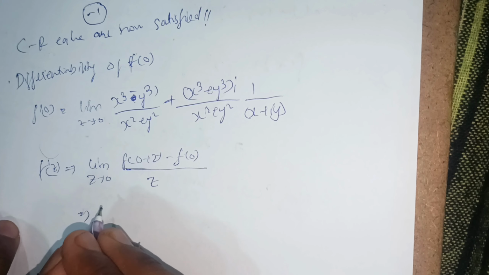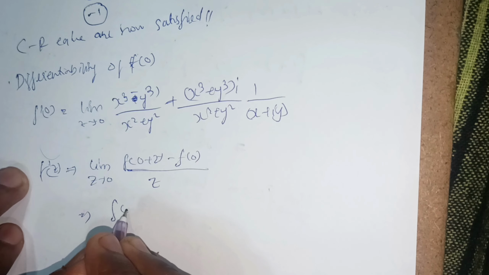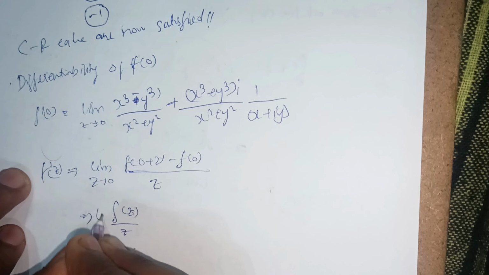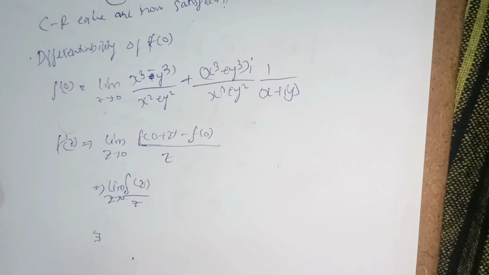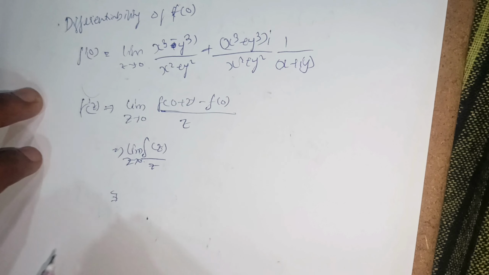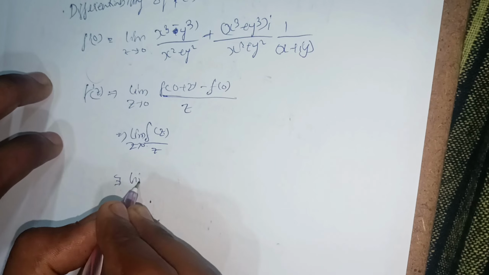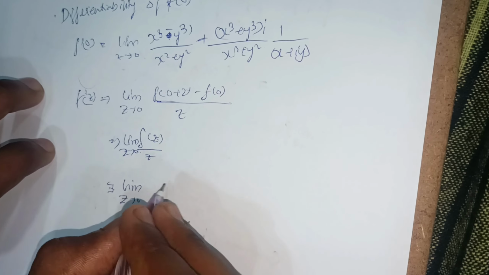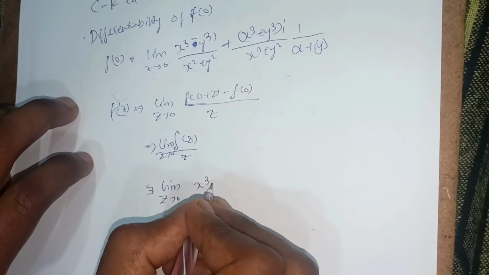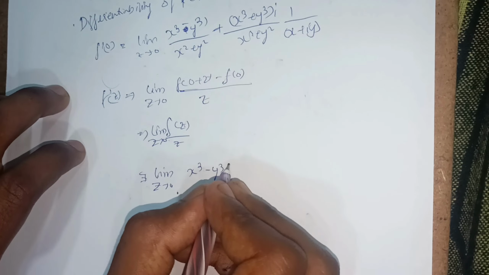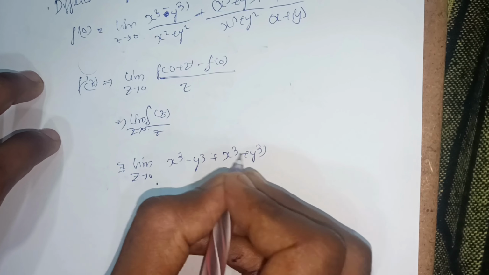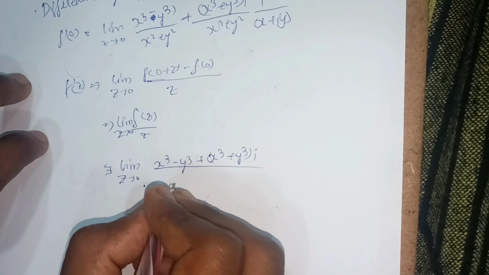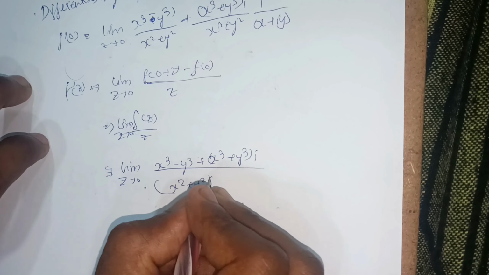So here we will get the answer as f(z)/z with the limit z tends to 0. So we get limit z tends to 0 of ((x³ − y³) + i(x³ + y³))/((x² + y²)(x + iy)).